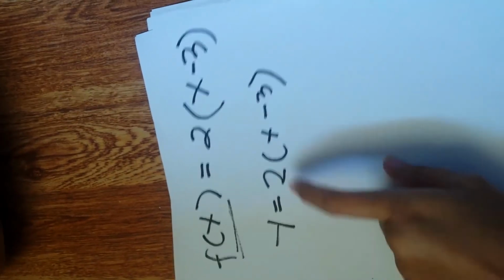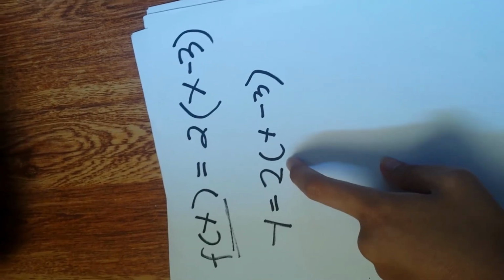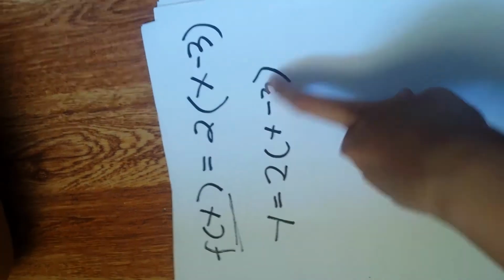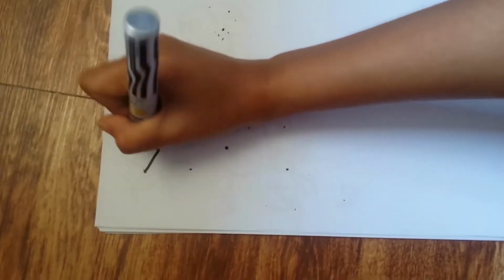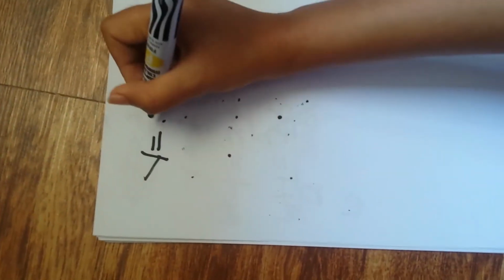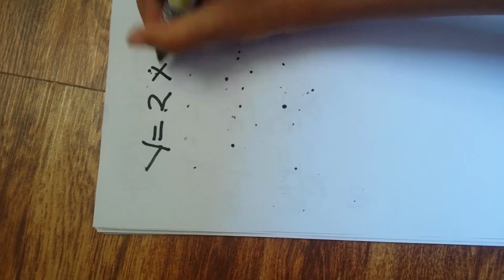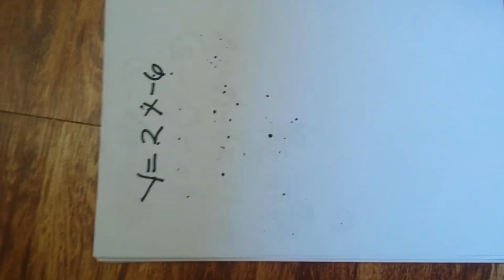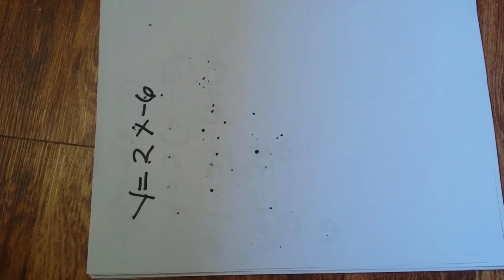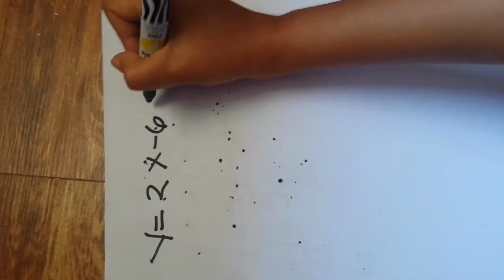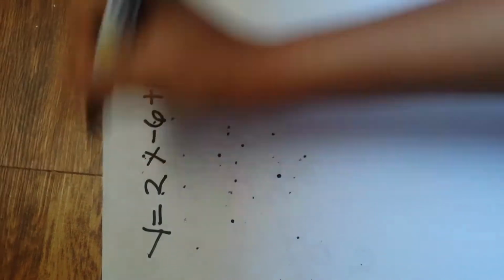So we have y equals 2 close and open parentheses x minus 3. Now we solve for x. Multiply both sides by 6.